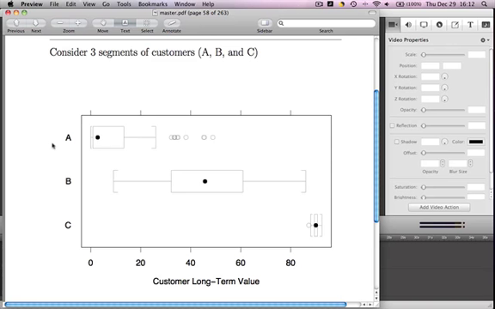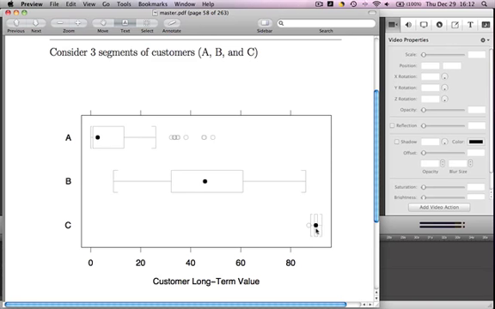Okay, so we have three box plots showing the different lifetime values. Let's discuss these. First consider segment C. What you will see is that the box plot is very small. The fact that it's so small indicates that this is a very homogeneous segment. The length of the box is going to show dispersion.